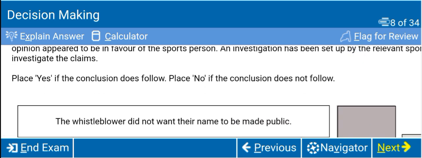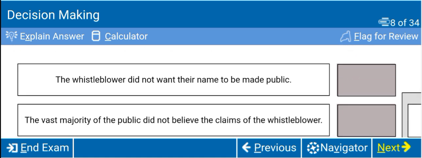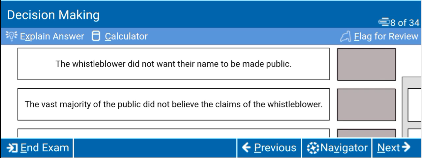So place yes if the conclusion does follow and place no if the conclusion does not follow. We have first conclusion, which says the whistleblower did not want their name to be made public. Second, the vast majority of the public did not believe the claims of the whistleblower.